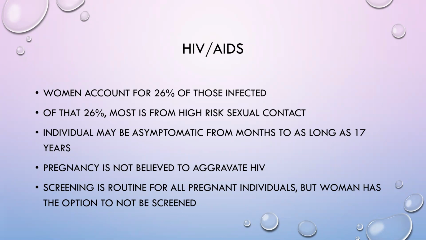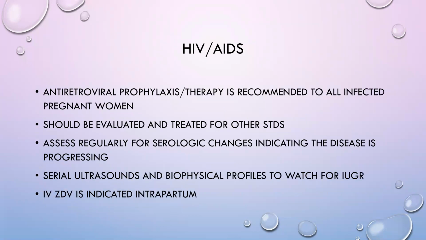They can decline that screening if the woman wants to. They are normally treated prophylactically while they are pregnant. And then they are also given prophylactic medications during labor to help prevent the transmission of HIV to the fetus.